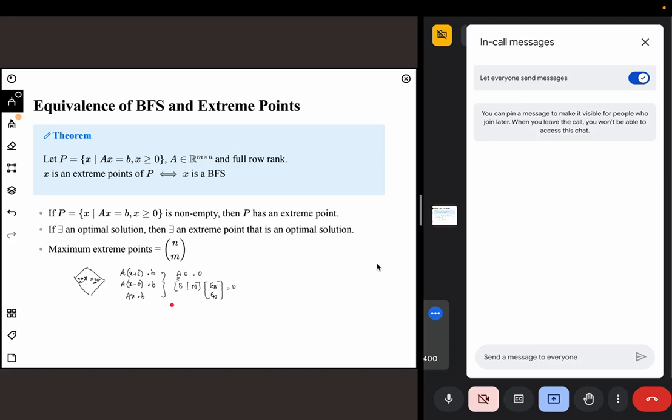So now I have a case here. I can take B epsilonB equal to 0.